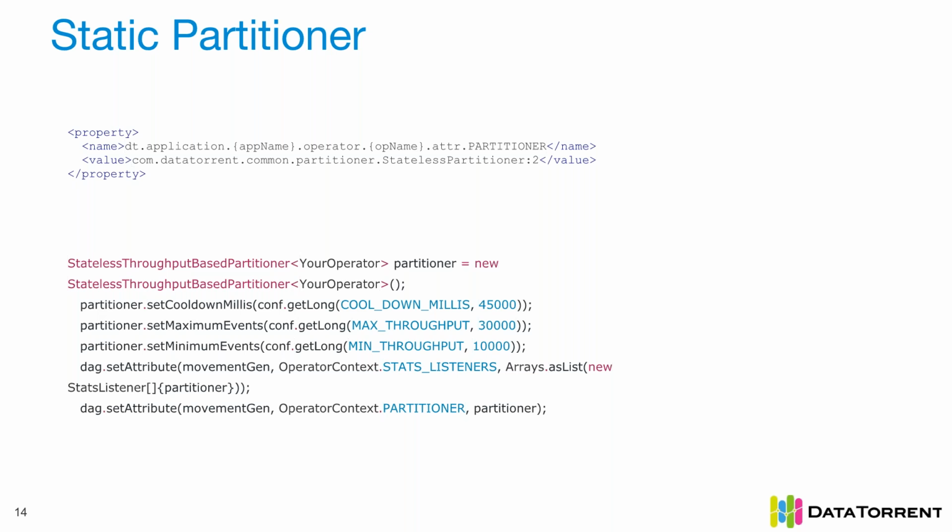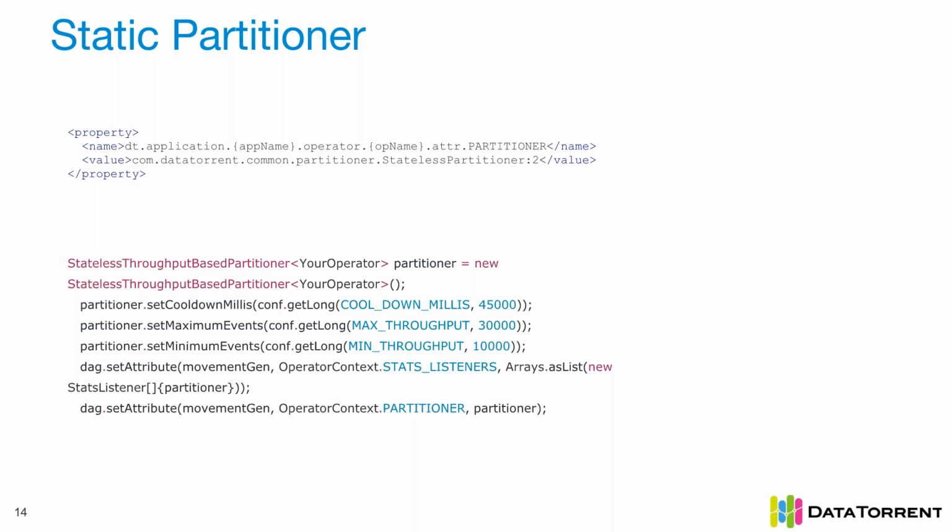It ensures that you are not partitioning very frequently, because if the load is changing quite often, the stat listener might trigger partitioning multiple times. You don't want to do this within a certain time frame, so cooldown milliseconds ensures that partitioning does not happen frequently.